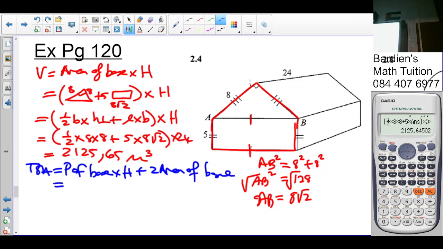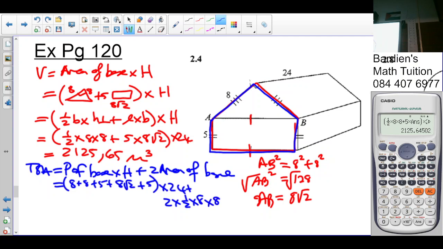So perimeter of this base is going to be 8 plus 5 plus 8 root 2 plus 5, times the height of this object, 24, plus the area of the base, which will be 2 times a half base, which is 8, and my height is also 8.